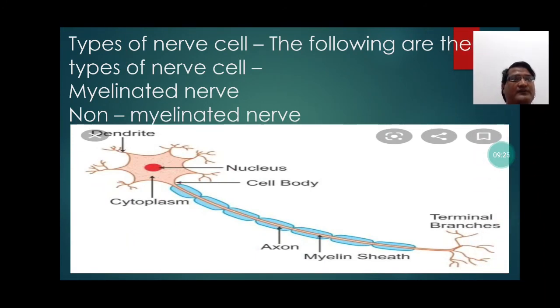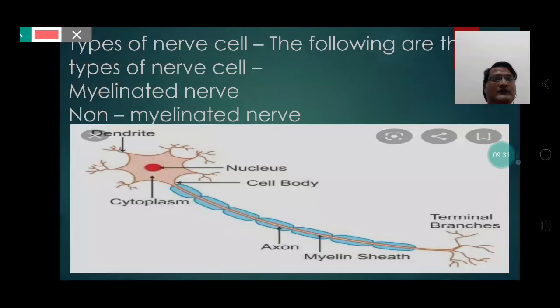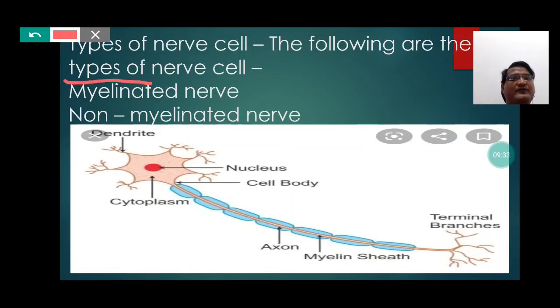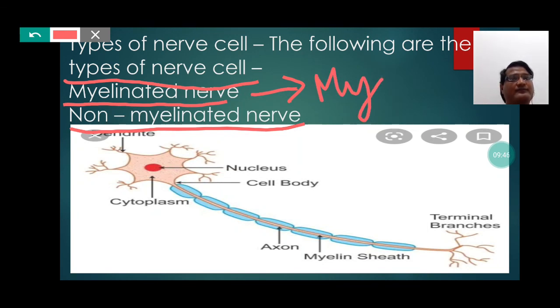Types of nerve cell. The following are the types of nerve cell. So students, the types of nerve cells are myelinated nerve and non-myelinated nerves. So students, myelinated nerves are those nerves which are enveloped with myelin sheath.